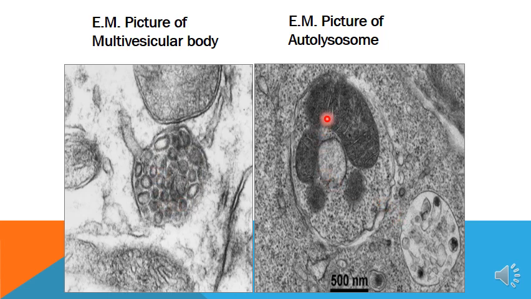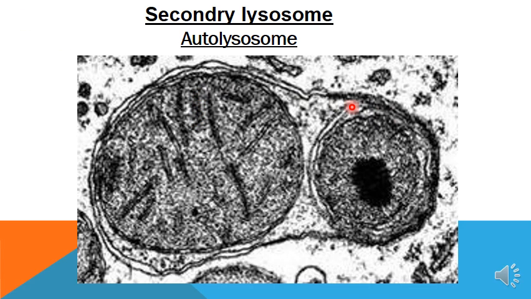When the lysosome fuses with an old organelle like mitochondria, it is called an autolysosome. So the autolysosome is the third type of the secondary lysosome, which fuses with old or worn out organelles in the cell. This is also a secondary lysosome, called an autolysosome, fused with old mitochondria in the cell.